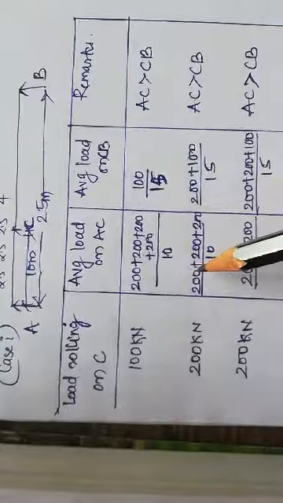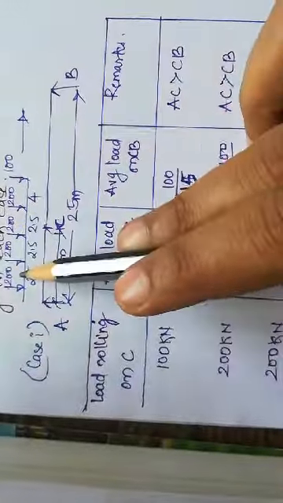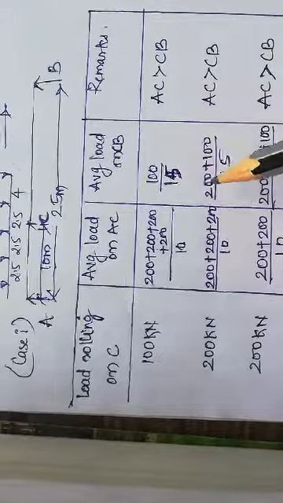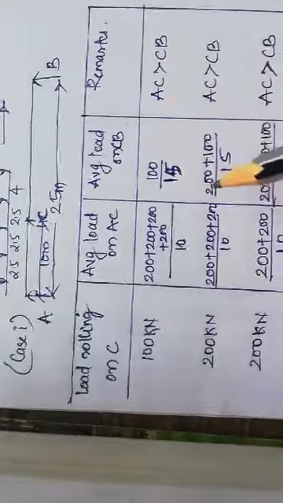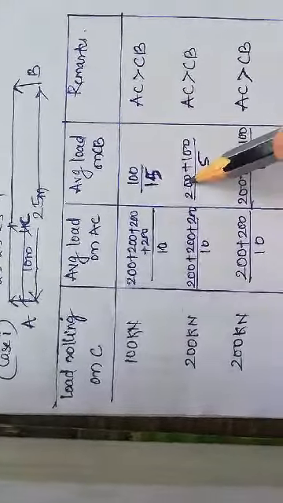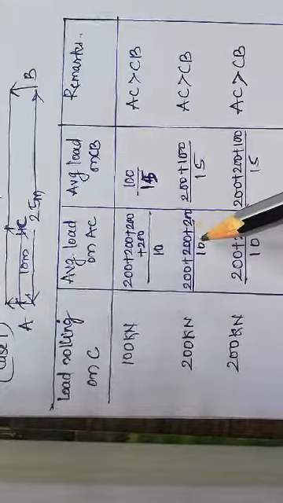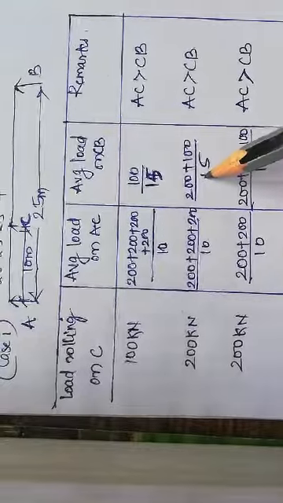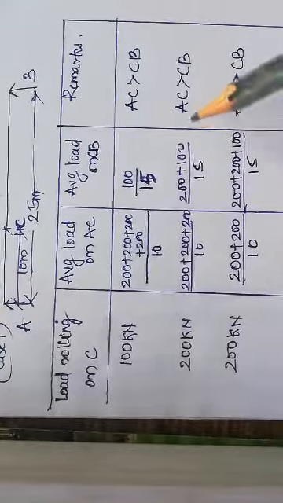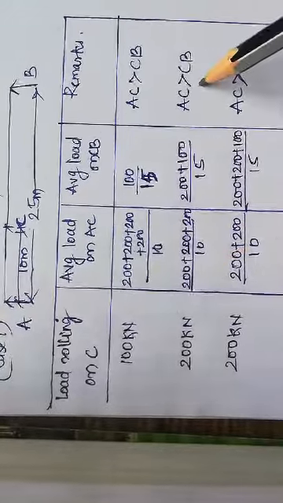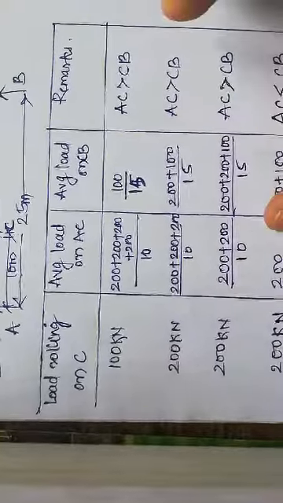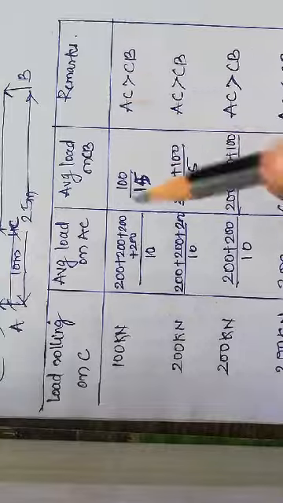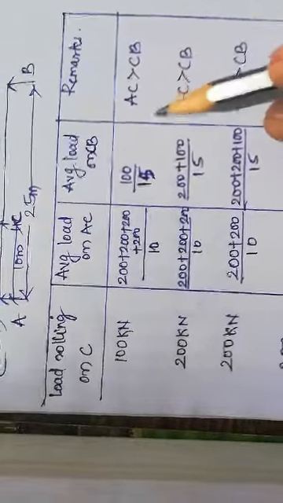So in the left hand section we will be having only 3 loads of 200 kilonewtons acting, and in the CB section we will be having 100 plus 200 kilonewton load acting. Once we take the average on the AC section load and the CB section load, we get the AC section still heavier than the CB section.